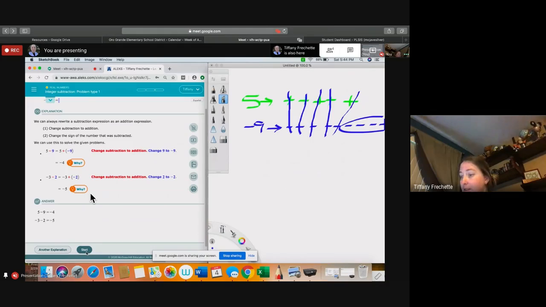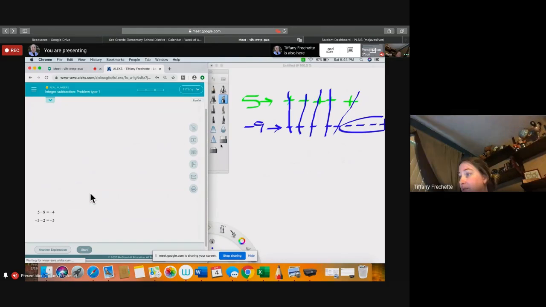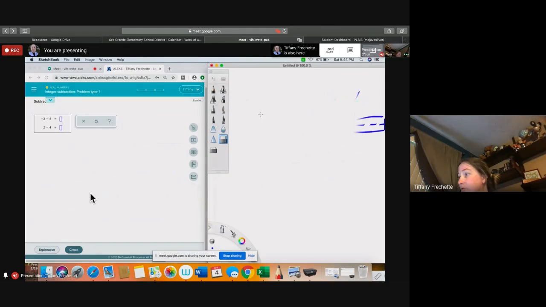All right, let's go ahead and click Start. I'm going to clear my screen here. Okay, so just like before, I'm going to try to flip back and forth for positive and negative numbers. For this one, I will do my negatives in red.